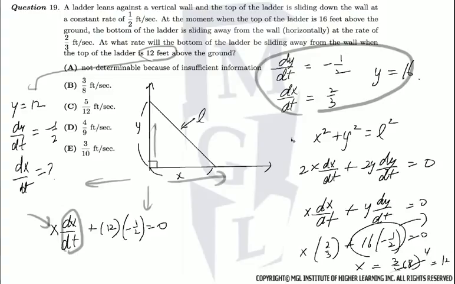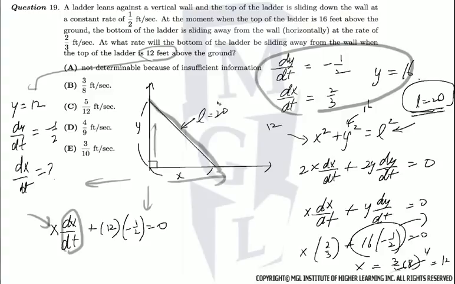So if you plug in here that x is equal to 12 and y is equal to 16, by the Pythagorean theorem, you're going to get L is equal to 20. So x and y might change, but we just discovered that L is constant and it's always going to be 20.